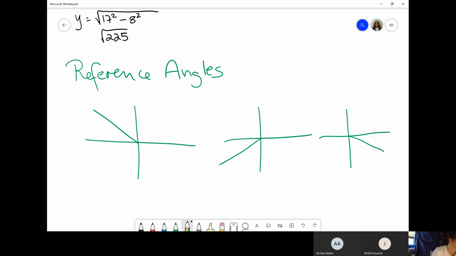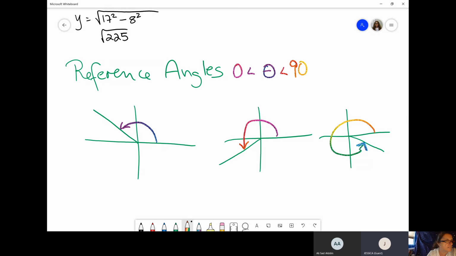Okay, so reference angle in quadrant 2, we have one here. In quadrant 3, the reference is here. In quadrant 4, it would look like that. And so the reference angle makes up the difference. The reference angle is an angle that is between 0 and 90 degrees.